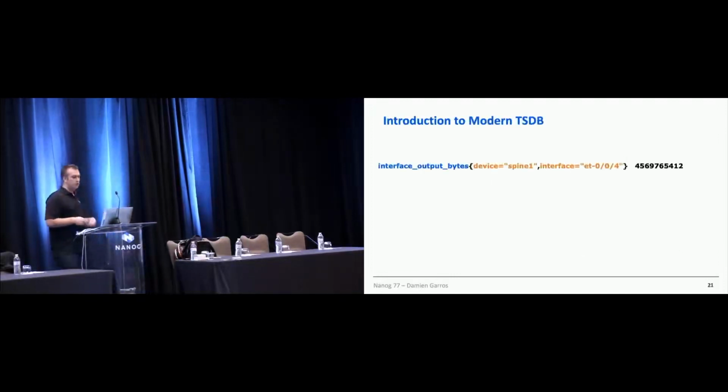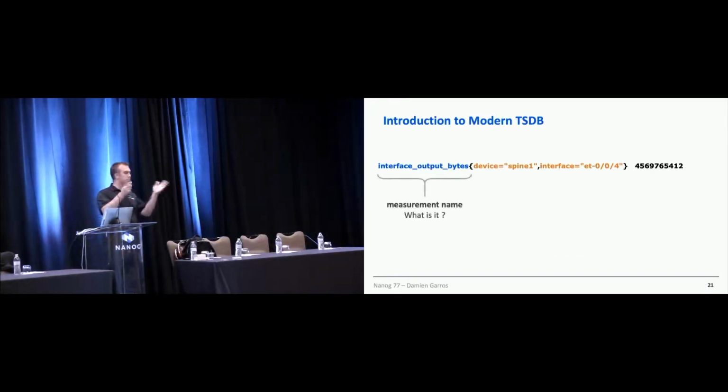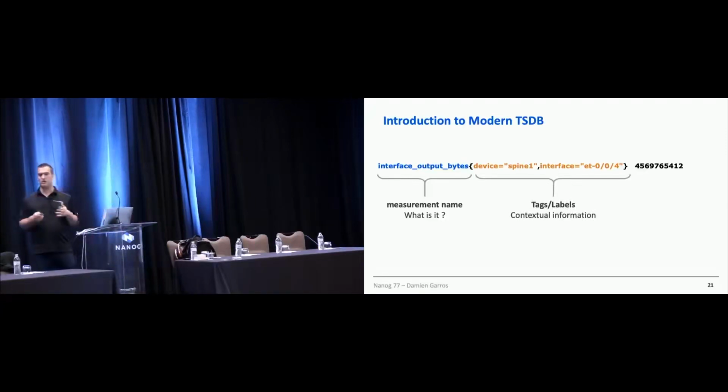The way the data will look in the database will look pretty much like this. You have what some of them call the measurement name or series, which defines the type of data. Here, that will be, let's say, interface output bytes. Then you have a set of tags or labels. They're all called differently, but what it means is the contextual information on the context in which this information was captured.